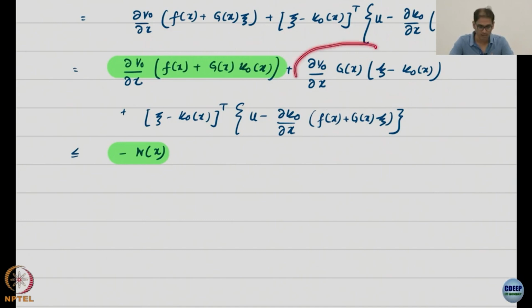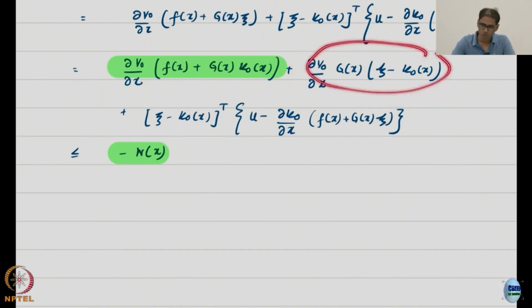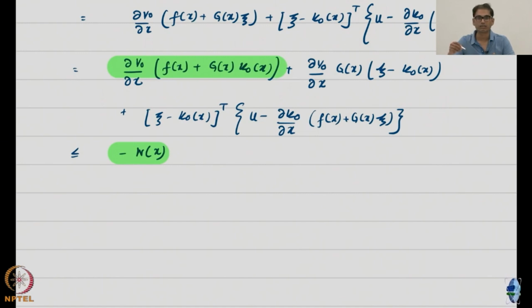This is just a scalar. Notice V0 was a scalar, so every term in V0 dot is a scalar. So the transpose of a scalar is the same scalar. We use these things regularly, by the way, so remember this, write it down in your notebooks. Transpose of a scalar is a scalar. I know this sounds ridiculous, but you will forget it and wonder why these can be combined.